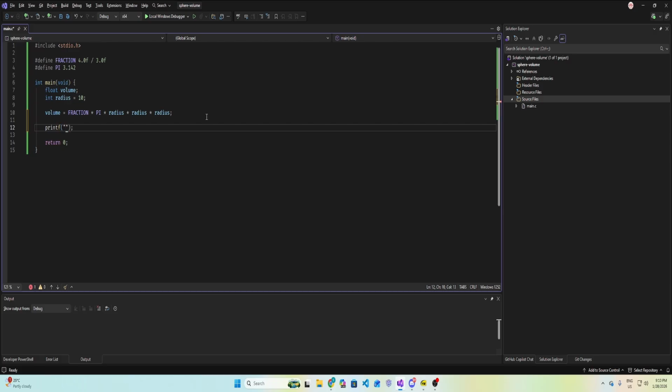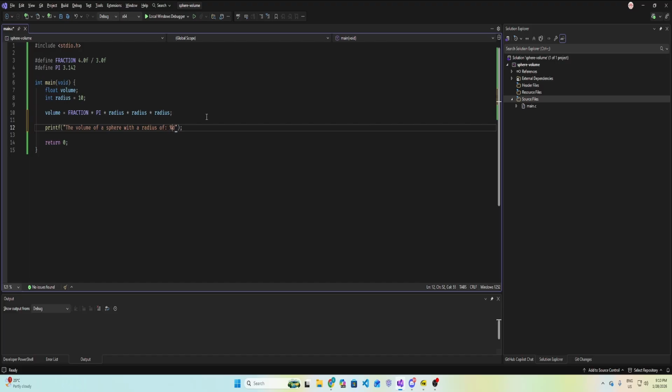And then we print this. So let's just say the volume of a sphere with a radius of radius. Radius is an int, so, is it first? No, it feels like this.